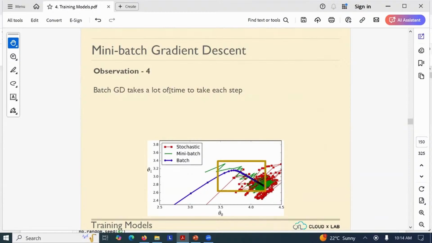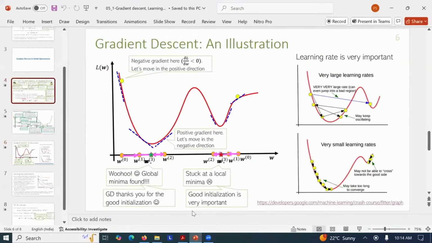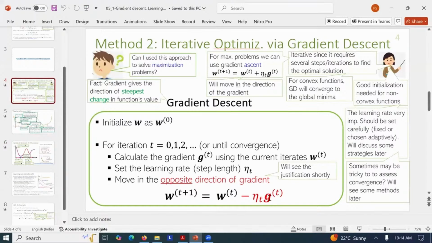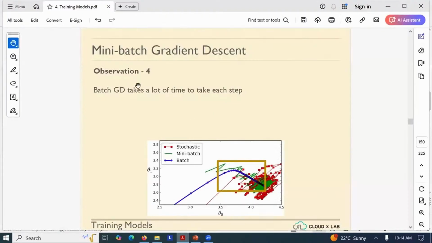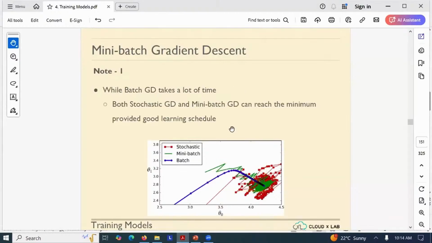Batch gradient descent takes a lot of time in each step. Why? Because the computation of the gradient is heavy. We are computing the gradient using all training examples, so batch gradient descent takes a lot of time to take each step, right?